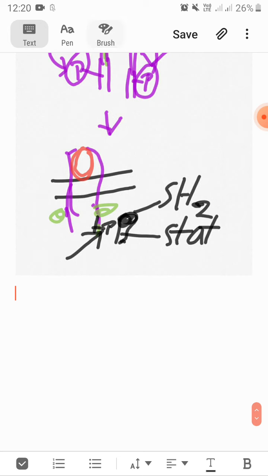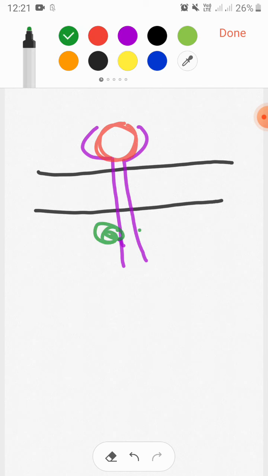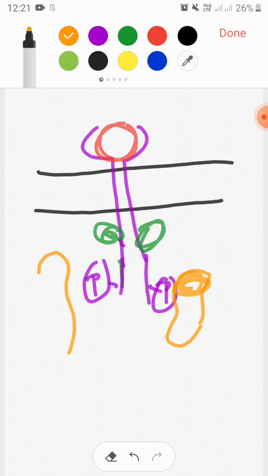Now after the binding of these receptors, so this is the receptor, here is the STAT bound, Janus kinase, phosphorylated tyrosine molecule here and phosphorylated tyrosine molecule here, to which the STAT molecule binds.